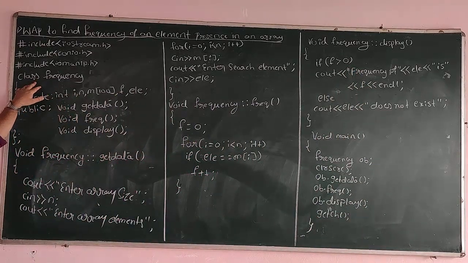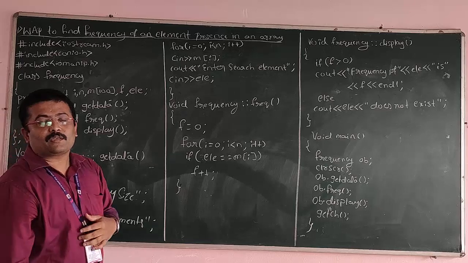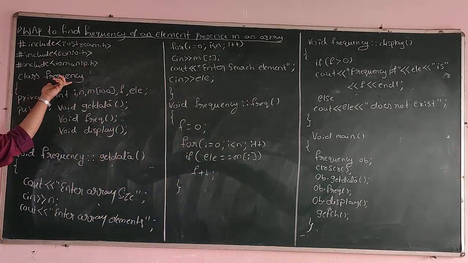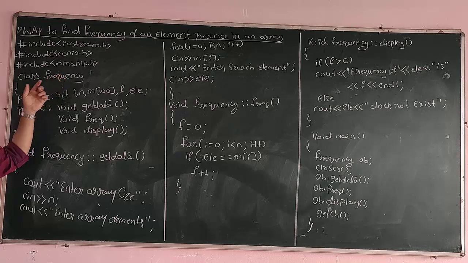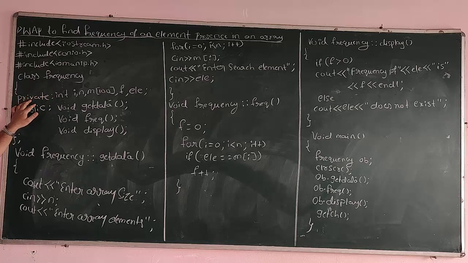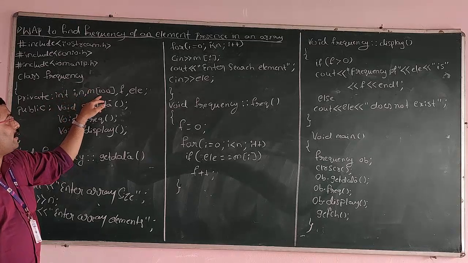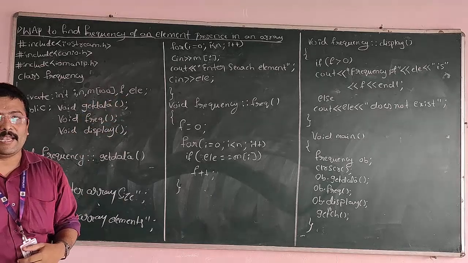Next, class frequency. Class is a keyword and the class name I have taken is frequency. Inside the class I am taking private and public data members. In the private data members I am using some variables: i, n, m of 100, f and element.